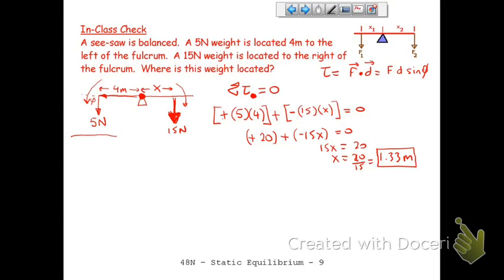It says that the turning axis doesn't matter. So let's satisfy ourselves with that. I'm going to put the turning axis through the 5 Newton one. So I'm going to draw this again.